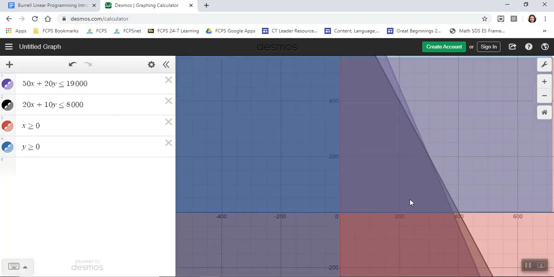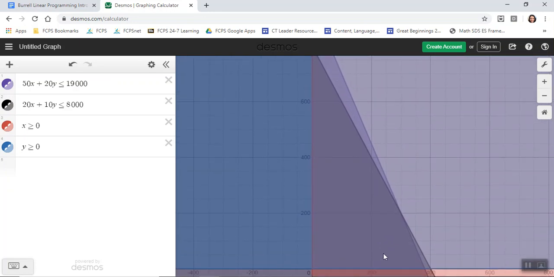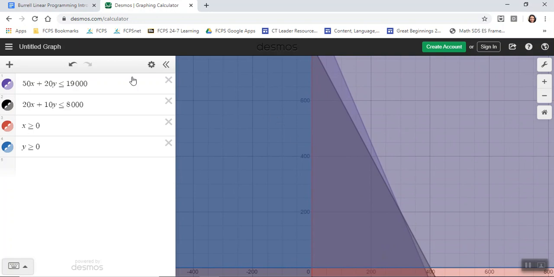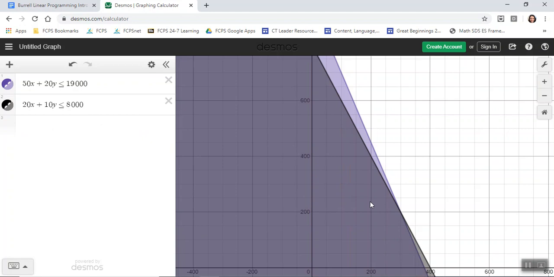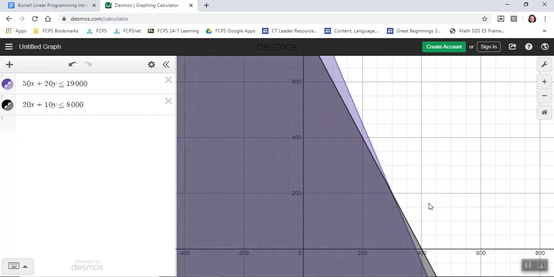Okay. So this is interesting because we have actually points in a number of places. Let's see. We have less than or equal to 19,000, so that's here. I'm actually going to take these two off because I think they're confusing things for the moment. Okay, so just looking at these two, I've got a purple shaded area and a gray shaded area, so you can see a little purple and a little gray, but it looks like the area that is shaded by both of them is perhaps in here.